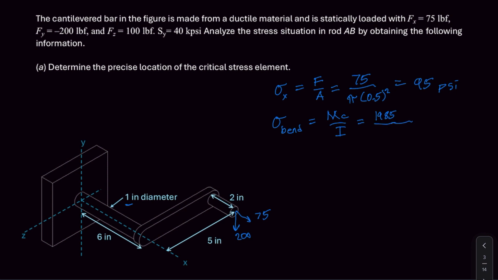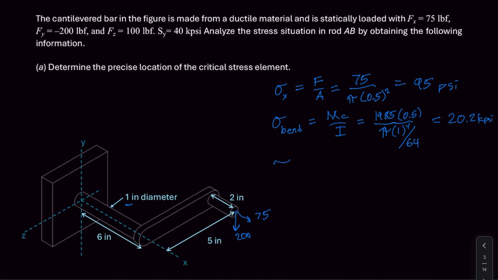Our c is going to be 1/2 the diameter, or 0.5 inches, and I is pi d to the fourth, so it's just 1 inch to the fourth, all over 64. And this will equal 20.2 kpsi. So much bigger than the axial force.